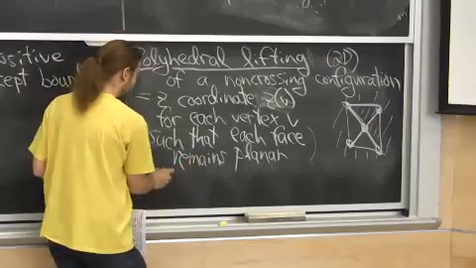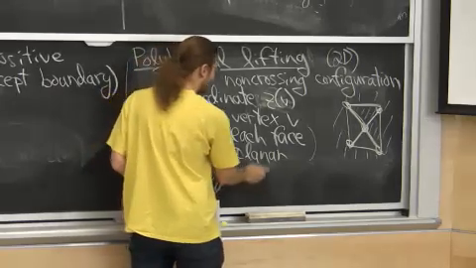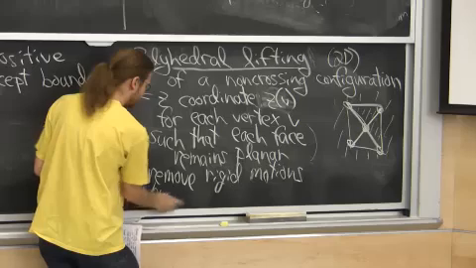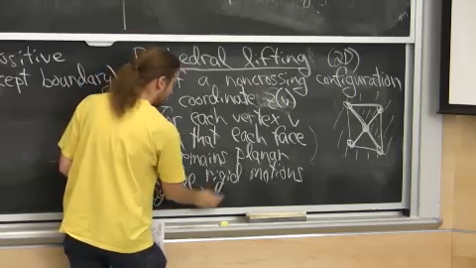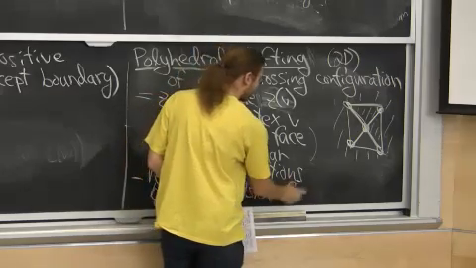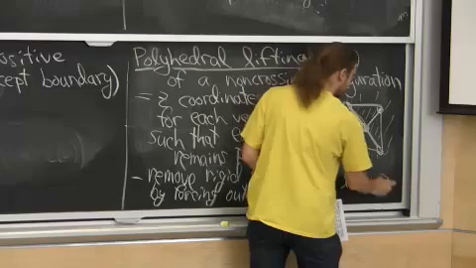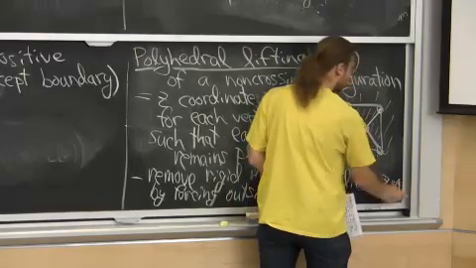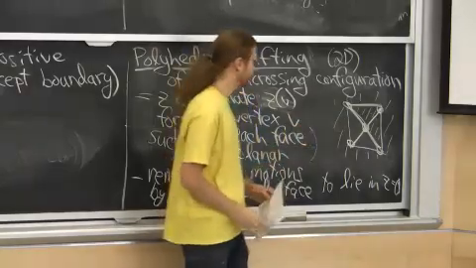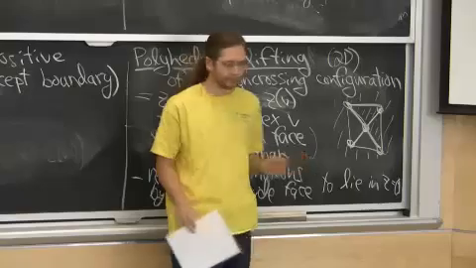So say remove rigid motions by forcing the outside face to lie in z equals 0. So let's say these guys all stay at 0. So in this particular example, this guy can go to any value, positive or negative, but that's it.